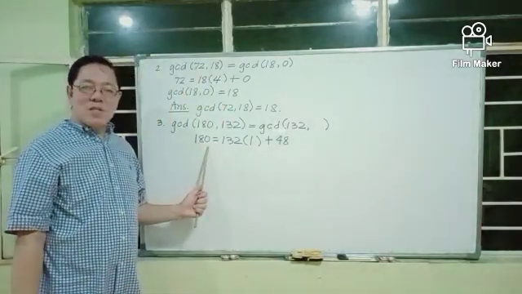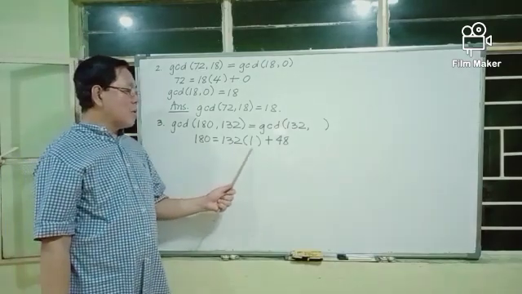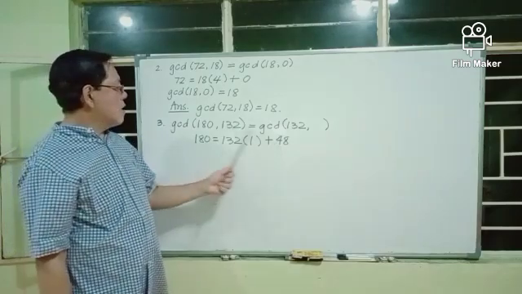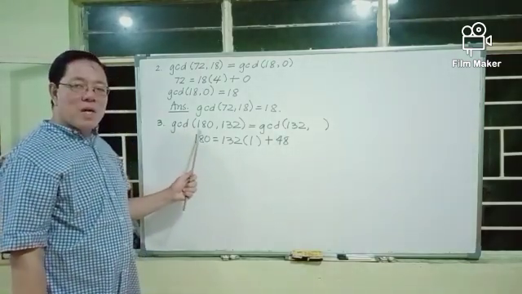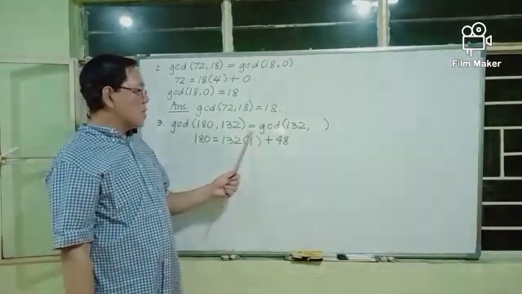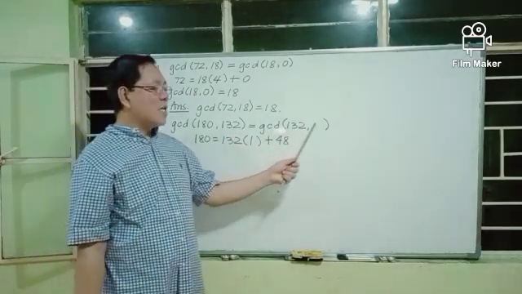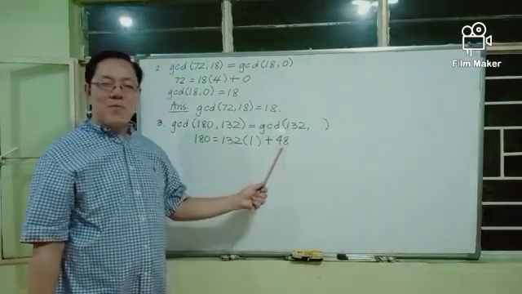Now, this equation is of the form A equals BQ plus R. Therefore, R is 48. And the greatest common divisor of 180 and 132 equals the greatest common divisor of B, 132, and the remainder R, which is equal to 48.